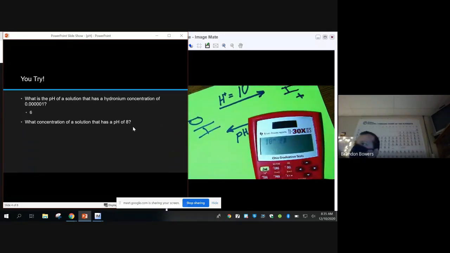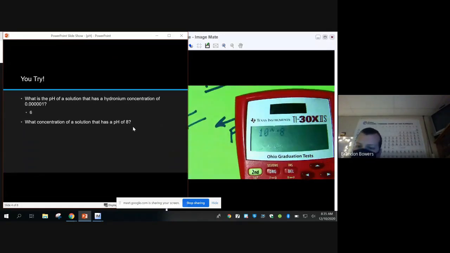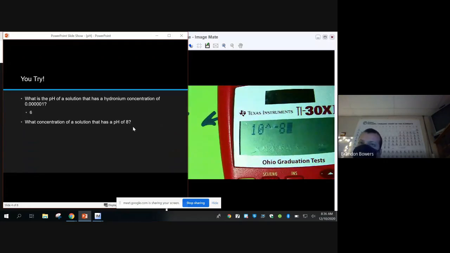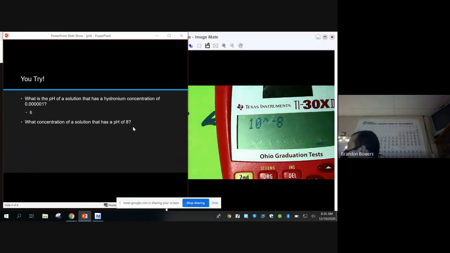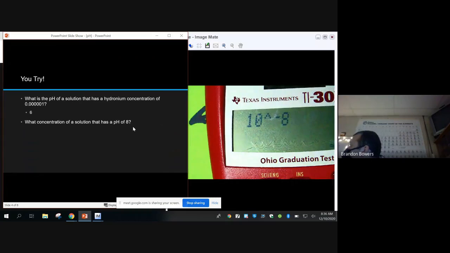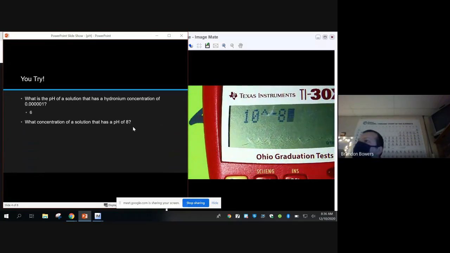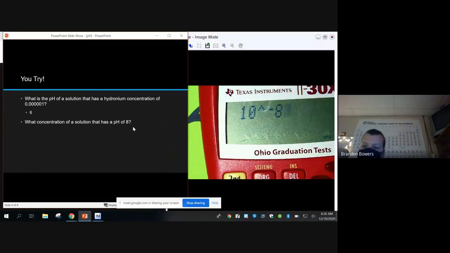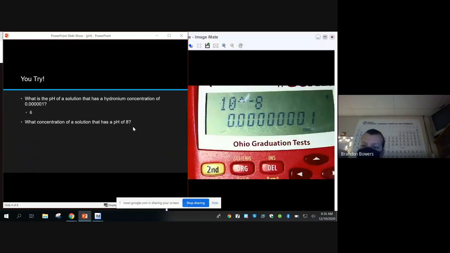Let's zoom in a little bit. It should look something like that, correct? 10 caret negative 8. You all see that? And then you click enter. And that's your answer. This calculator doesn't do that.